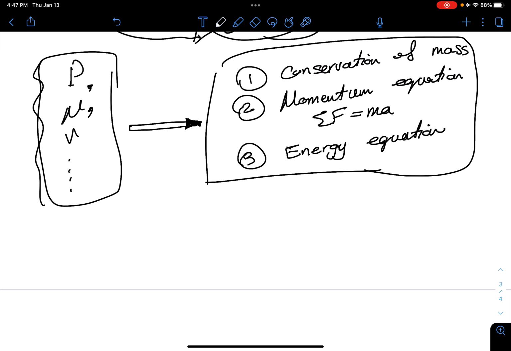Let's think about it. So instead of using these partial differential equations, we want to come up with some things that relate these parameters to each other, and is going to give us a very good understanding of the fluid flow. I'm specifically talking about the dimensionless parameters.